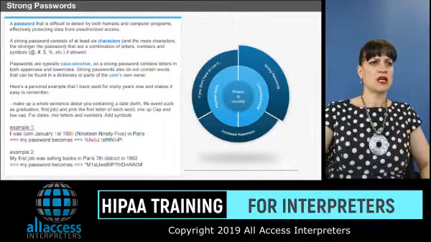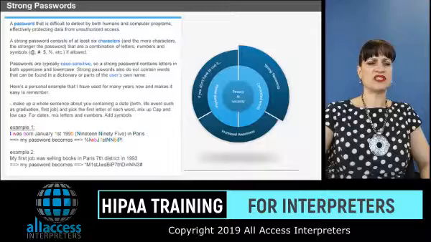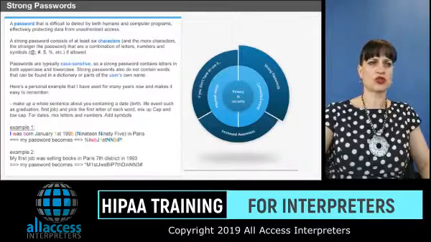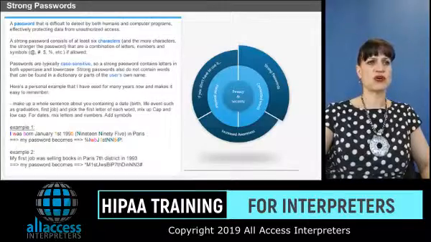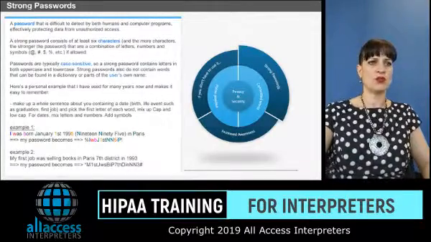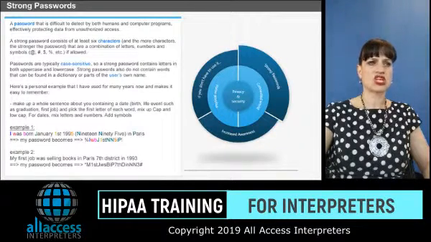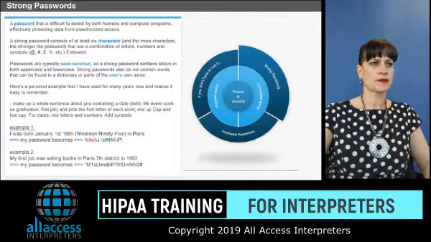If that's allowed, you could have a different password for each different site, and maybe use part of that site in order to construct your password, just have some kind of a system. Whatever you choose to do, just don't have any kind of easy passwords or the same password for every single thing that you do, mostly with information that has PHI in it or anything related to your appointments.